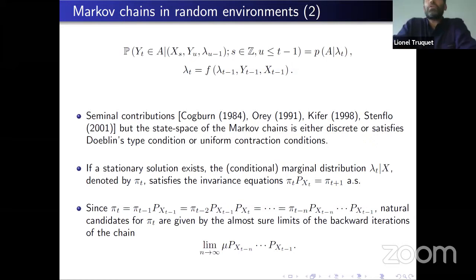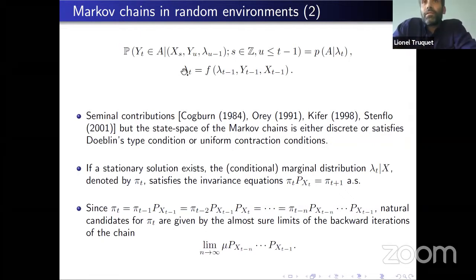Okay, so in the literature of Markov chain in random environments, you have many seminal contributions, but the assumption or the setup is not convenient for the problems that I will investigate, because the state space is often either discrete or it satisfies, the kernel satisfies some doubling type condition or uniform contraction condition. So this is not the cases that I want to investigate.